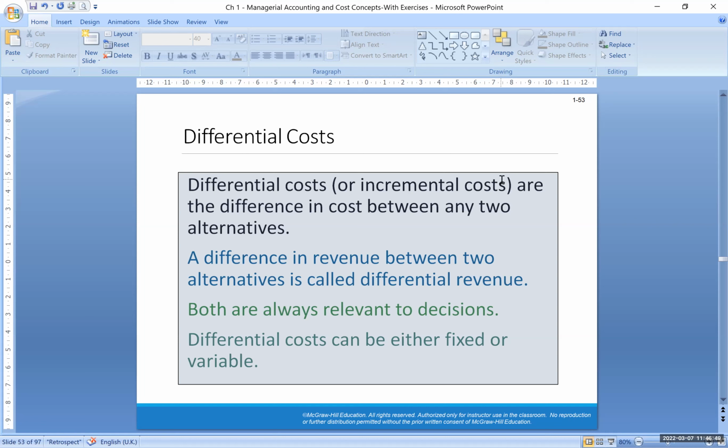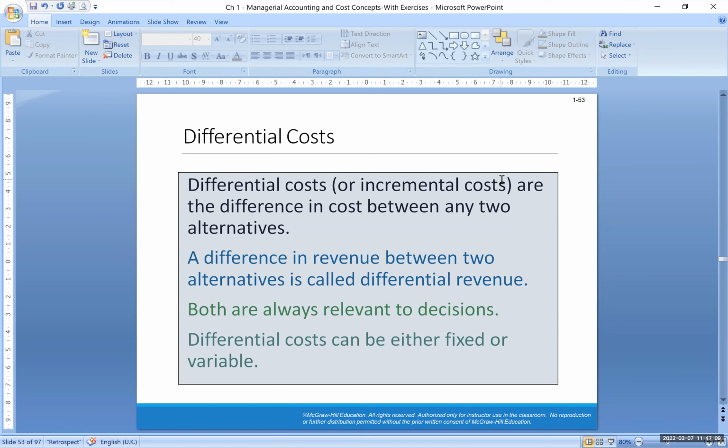If we say a difference in revenue between two alternatives, we are talking about differential revenue. Differences between two costs, we will say differential costs between two alternatives. Both are always relevant to the decisions.